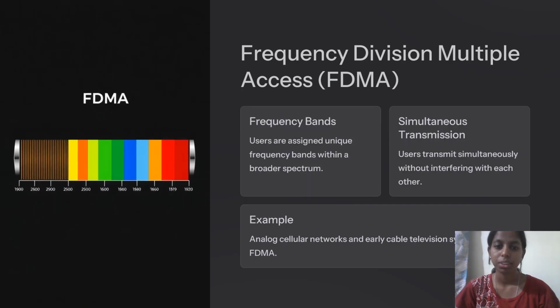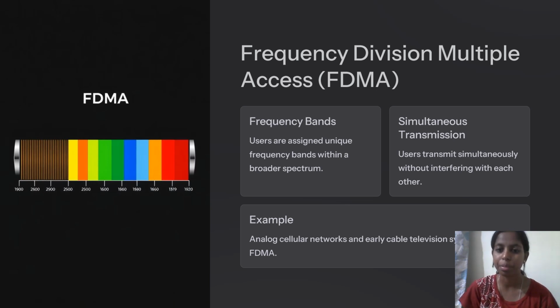Now let's come to the second type of the multiple access techniques, that is FDMA, where FDMA stands for Frequency Division Multiple Access. Frequency bands. Users are assigned unique bands within a broader spectrum.